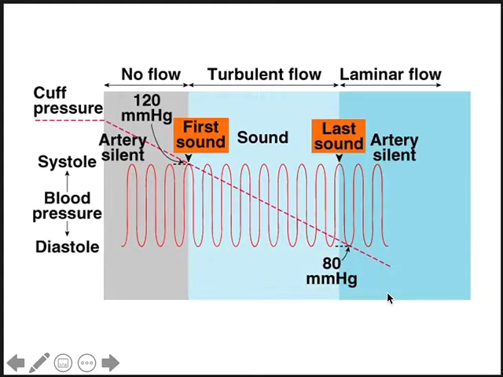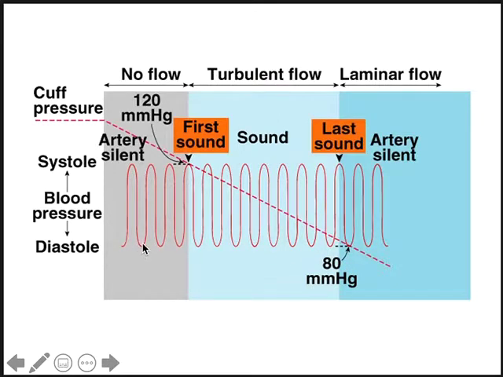This is another way to look at what we just talked about. No flow, because the cuff pressure is so high, you collapsed that artery and it's now silent. As you release pressure in the cuff, you let a little bit of blood out and you're going to hear that first sound. Now you know your heart is beating the whole time, right? So right during the contraction of the ventricle, you get your systole, and then the pressure drops to not 0, but to 80, okay?